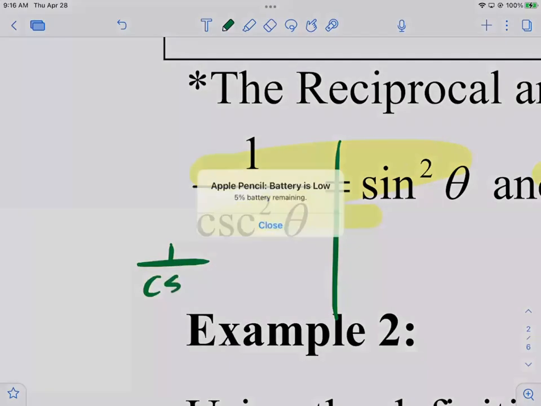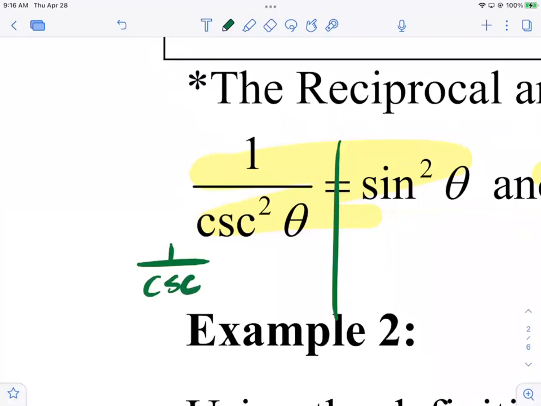This would be 1 over cosecant times 1 over cosecant. And then what's 1 over cosecant equal to? Sine. So by splitting up the squared into 2 things, I basically get 1 over cosecant, which is sine, times 1 over cosecant, which is sine. And what's sine times sine? Sine squared. Yeah. So I just proved that right there.